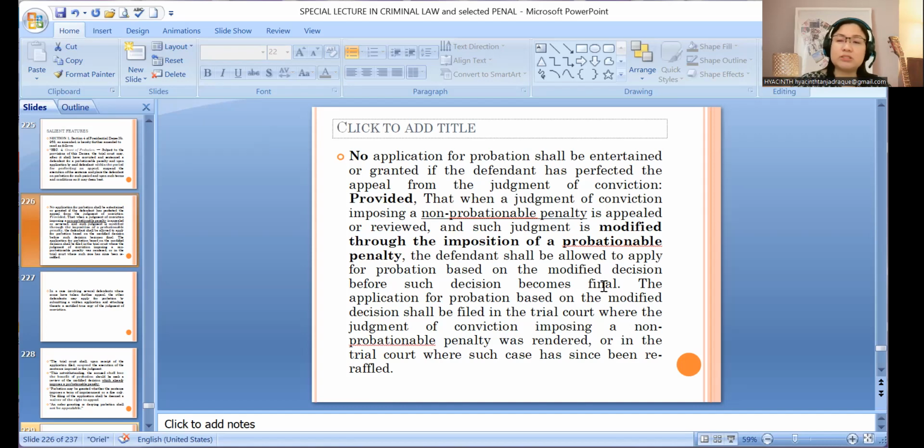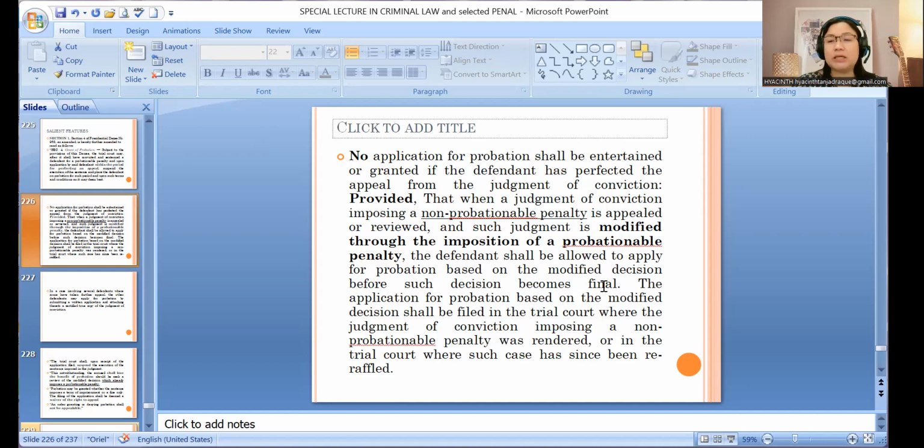In other words, probation shall only be applicable if the reason of the accused in filing the appeal is purposely to question the non-probationable penalty imposed by the trial court.